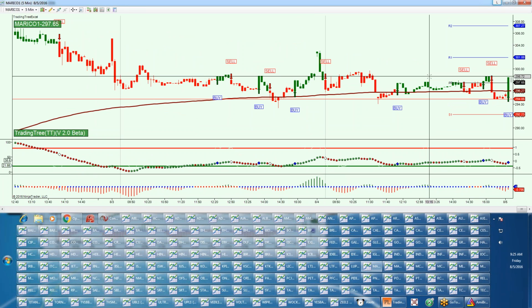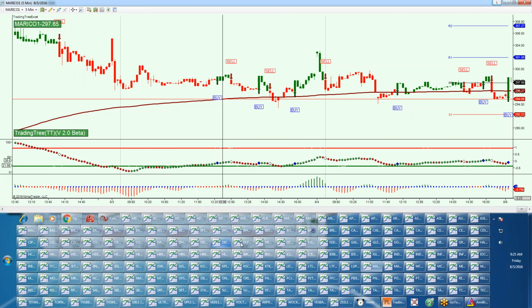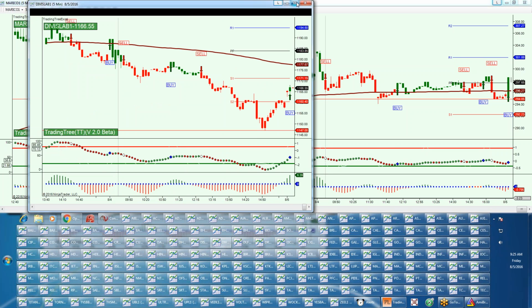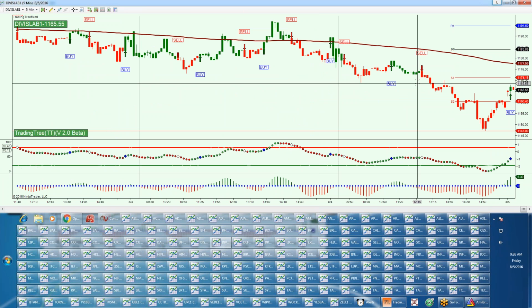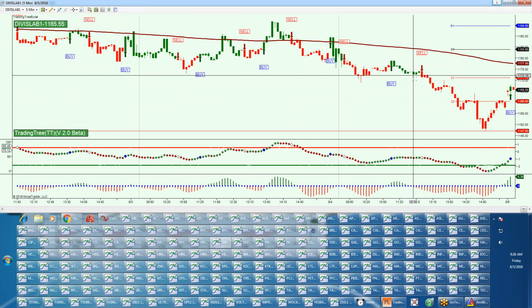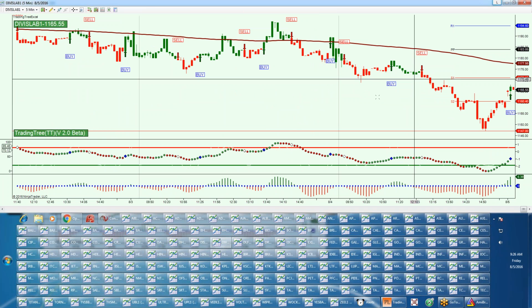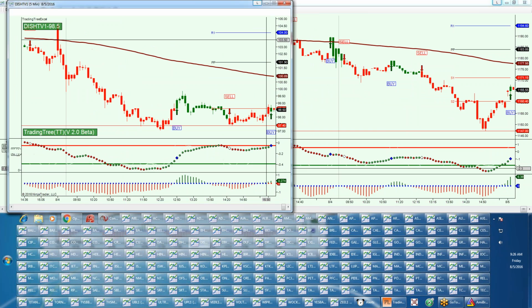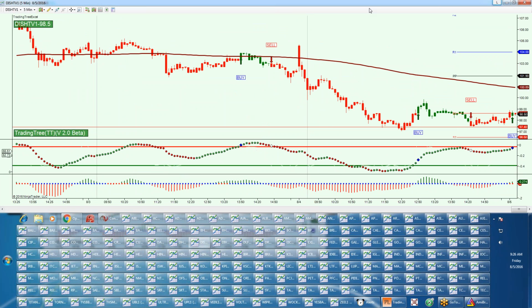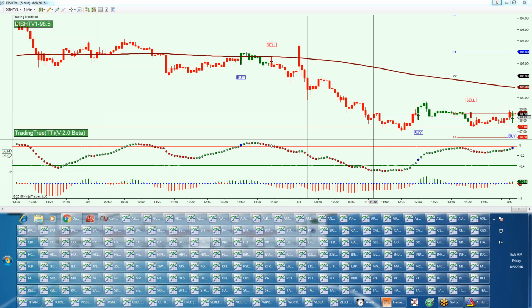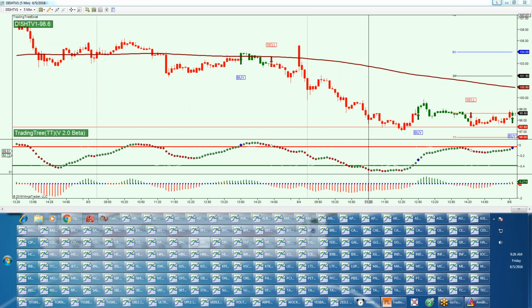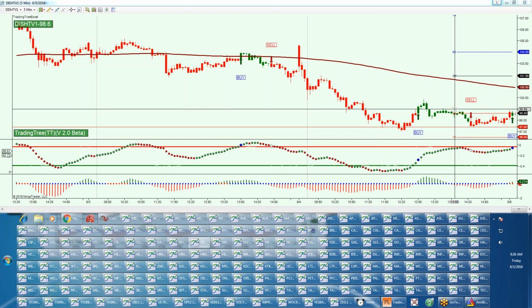So you can think about buying this at 299. So 1172. So Dish TV 99.